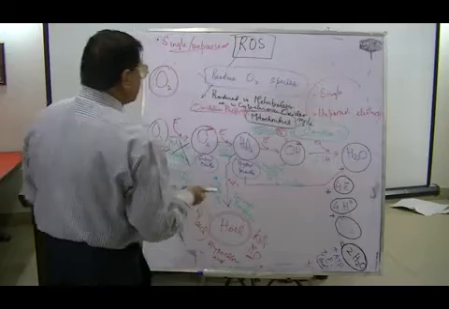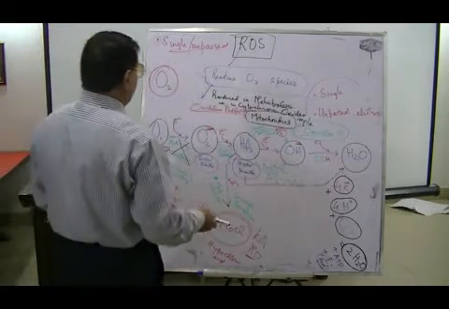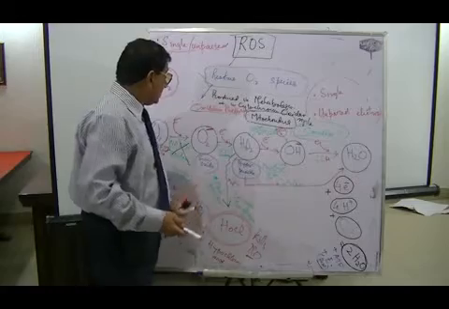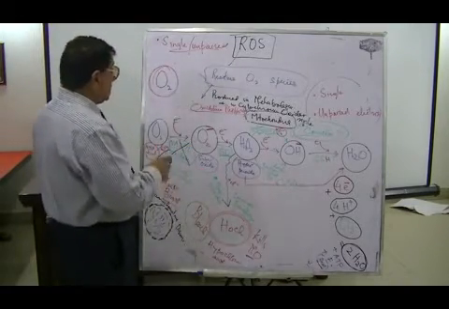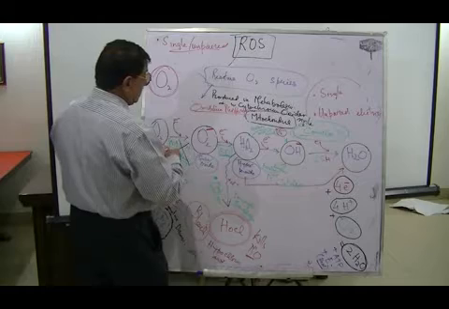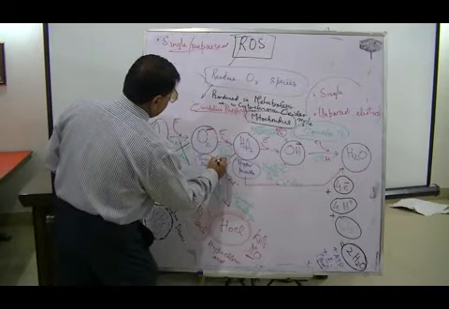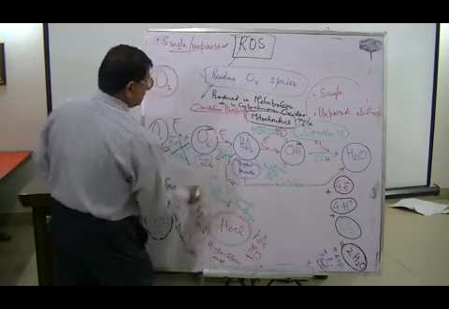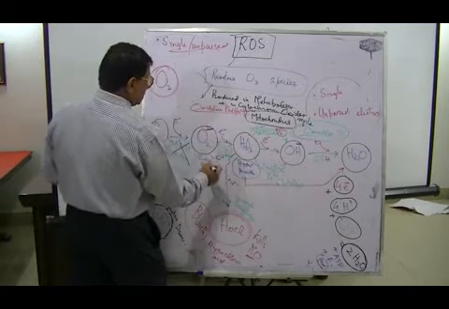Superoxide dismutase contains a cofactor. The cofactor is copper in the cytoplasm of the cell, extracellular.